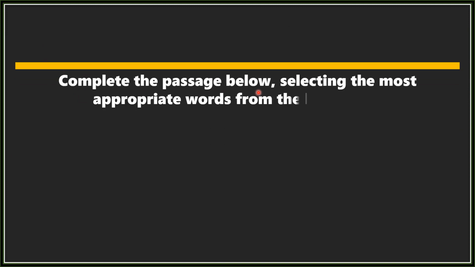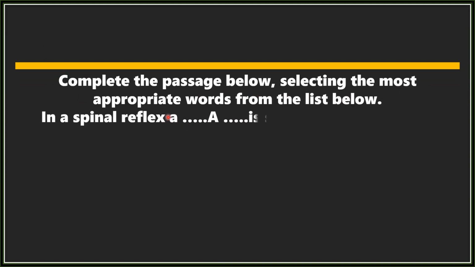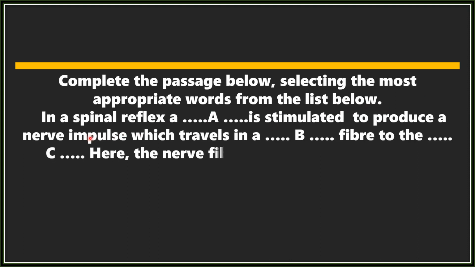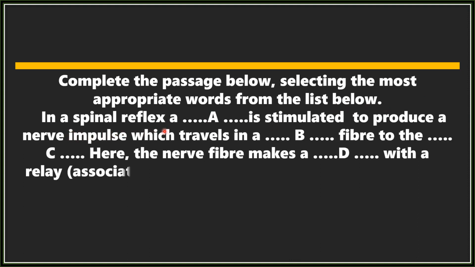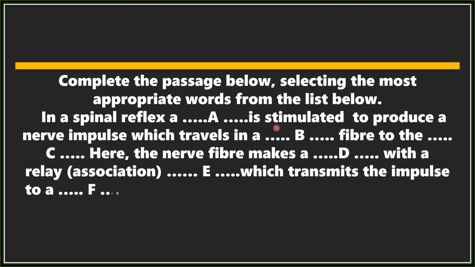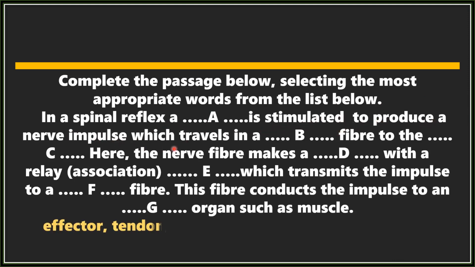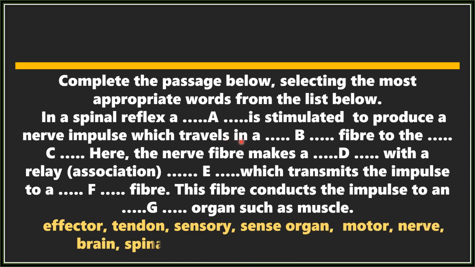Complete the passage below, selecting the most appropriate word from the list below. In a spinal reflex, a dash is stimulated to produce a nerve impulse which travels in a dash fiber to the dash.